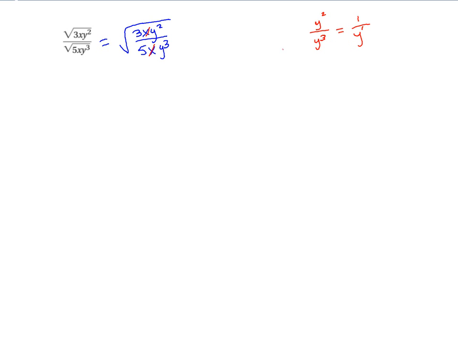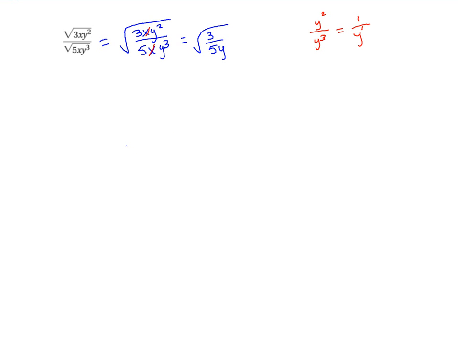So just 1 over y. So that's why we do that right there. And so what becomes of this is we get the square root of 3 over 5y. Actually, that makes rationalizing the denominator so much easier.